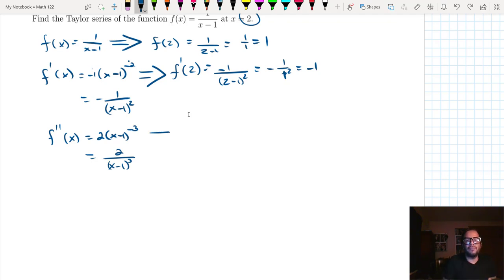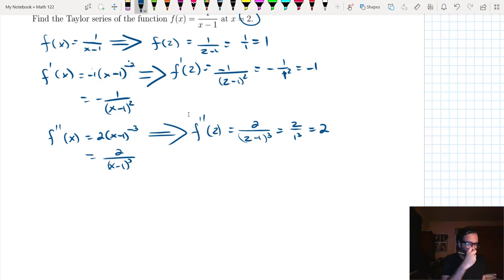So this will be evaluated at 2: 2 divided by 2 minus 1 cubed, equals 2 divided by 1 cubed, which is simply 2. Let's do one more derivative.